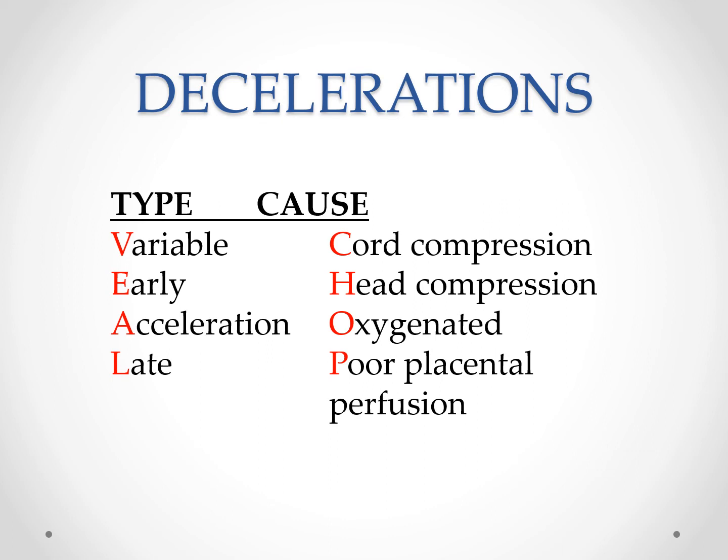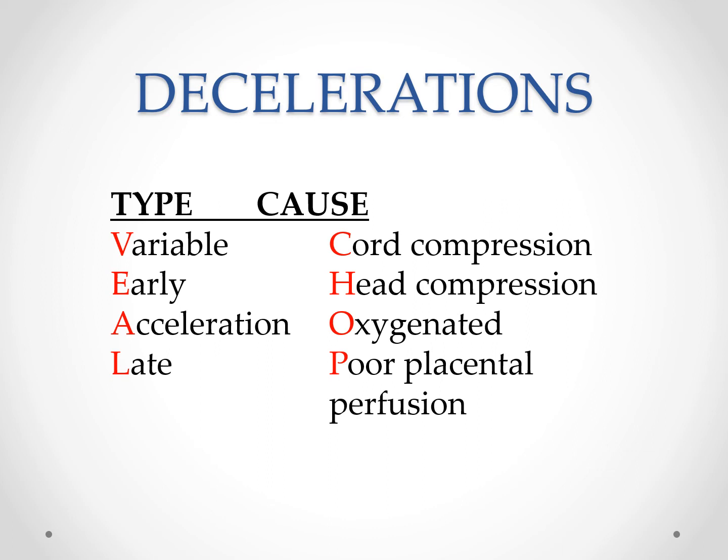Late has many causes, some that are caused by the fetus, some that are caused by the mother, and we group them all in one big category called poor placental perfusion. Okay? Poor placental perfusion. We may or may not discover during the process of labor, even after birth, we may never discover why they were having lates, but we know that it's an indication that we need to follow up on, depending on how often they happen, how long they are, maybe how deeply they decelerate.